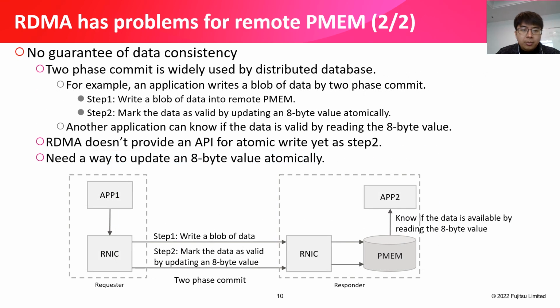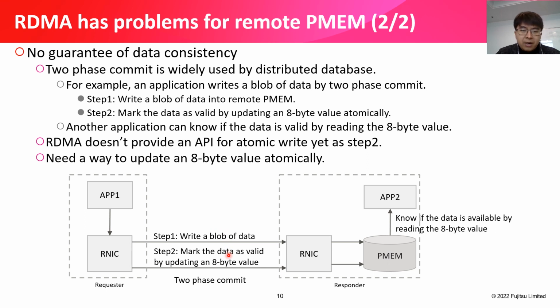The second problem is no guarantee of data consistency. Two-phase commit is widely used by distributed databases. For example, an application writes a blob of data by two-phase commit, like the following figure. Step 1, write a blob of data into remote PMEM.